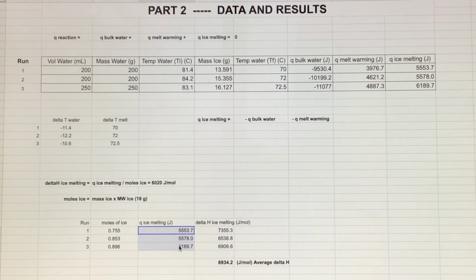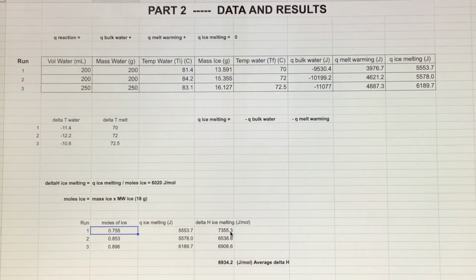This is the Q ice melting for these corresponding runs, which I have taken from here. And this is the delta ice melting, which is exactly this amount divided by this.